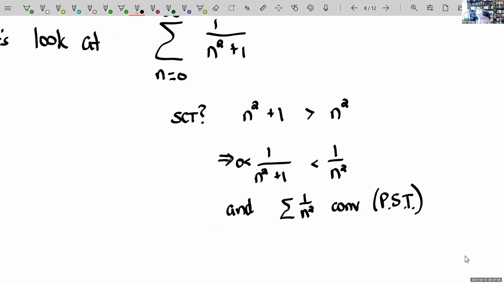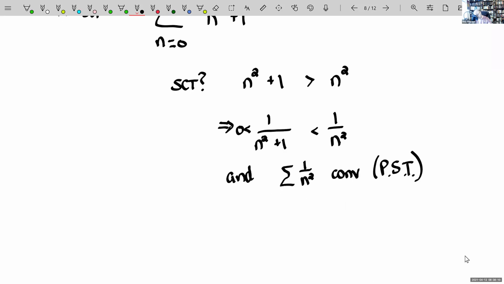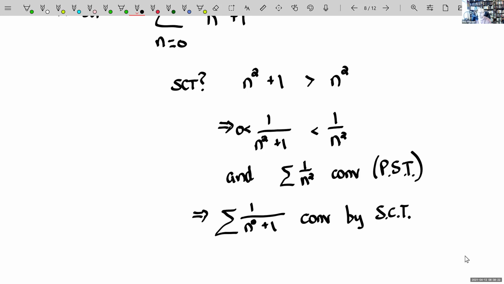But since we know the summation of this sequence converges, then we know the summation of this sequence converges by the series comparison test. So this implies the summation of 1 over n squared plus 1 converges by series comparison test, or you could have used a limit comparison test. Totally could have.